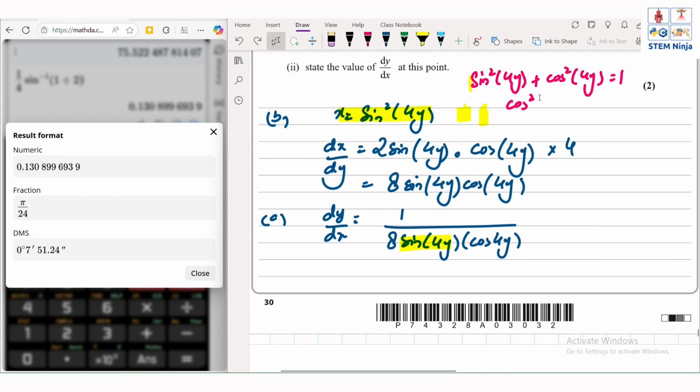So that means cos squared 4y is 1 minus x. So the square root would be the square root of that. So 1 over 8 square root of x times square root of 1 minus x.